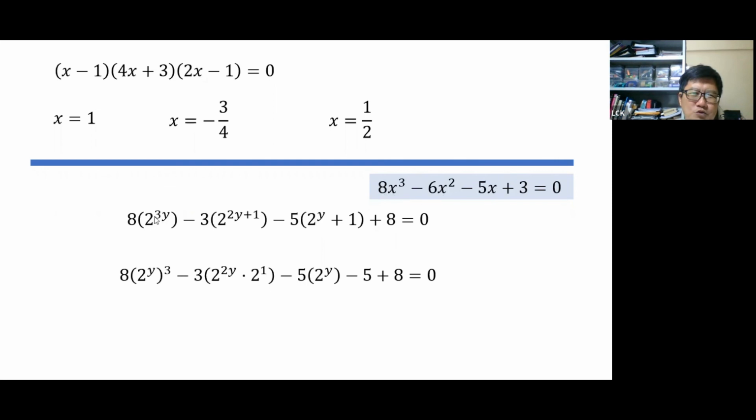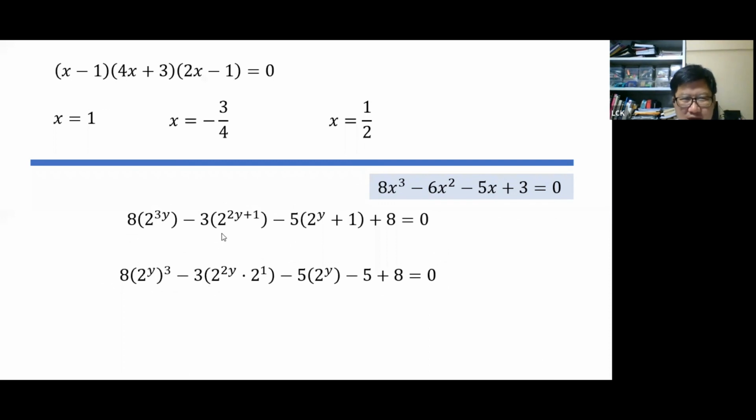Here, 2 to the power of 3y, I write as 2 to the power of y, and the whole thing to the power of 3. And look at that. Just by looking at this first term, you know that this x should be 2 to the power of y. So the 8 is there, the cube is there, and the x has to be 2 to the power of y. There's a -6 here, so we don't have that yet, but let's not be too discouraged.